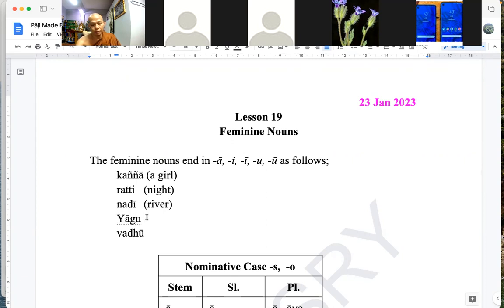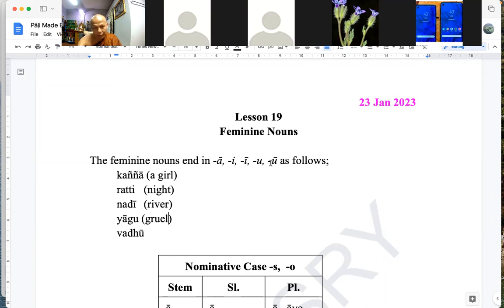And then next one, the noun ending in the U vowel. So Yagu. Yagu means gruel or porridge, rice porridge or milk porridge and so on.